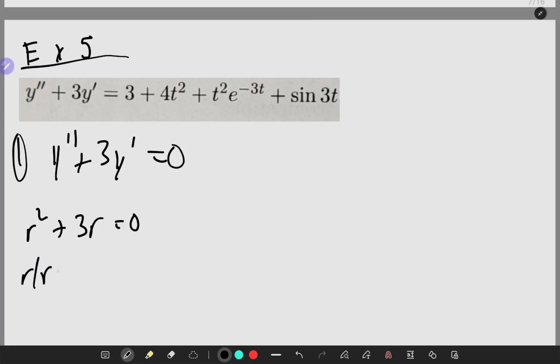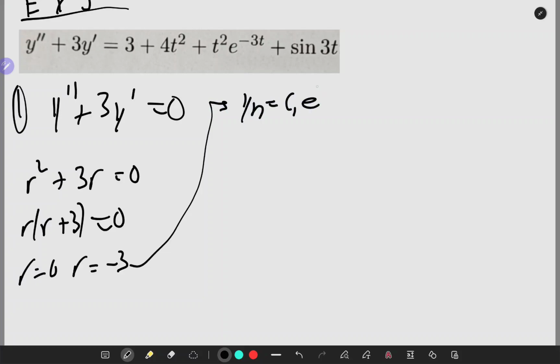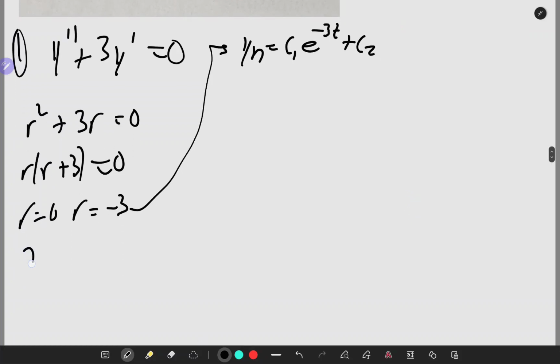Pull out an r. r is equal to 0. r is equal to negative 3. Very nice, straightforward. Come up here, y sub h would be c1 e to the negative 3t plus c2 e to the 0. That's 1, so plus c2. Right?